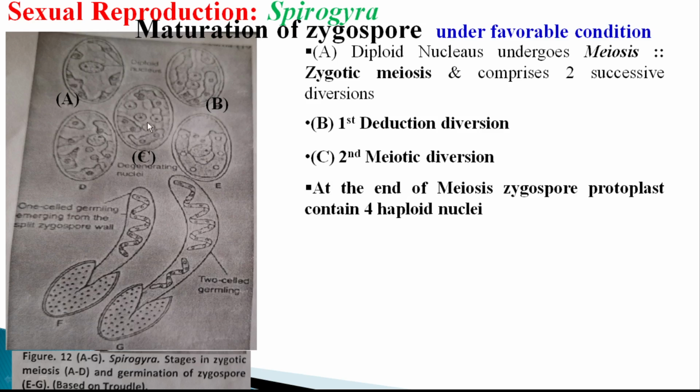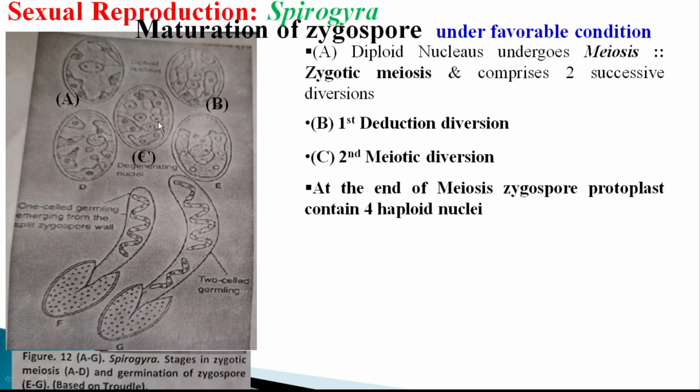Toward the end, there will be a total of 4 haploid nuclei, as you can see in the photograph. So both stages of meiosis, reduction division 1 and division 2, toward the end give 4 haploid nuclei.